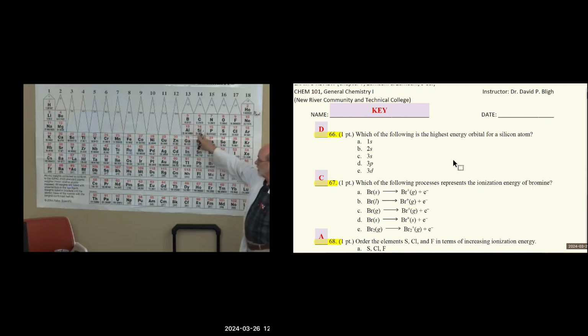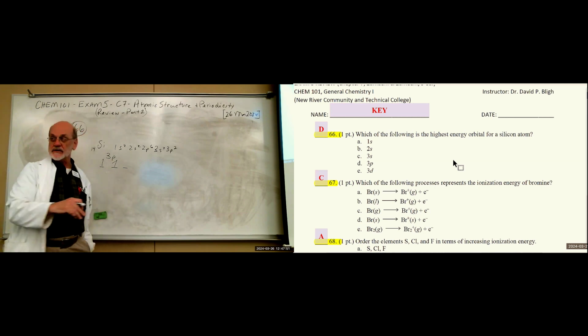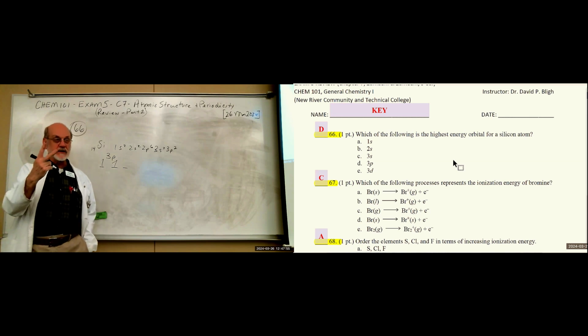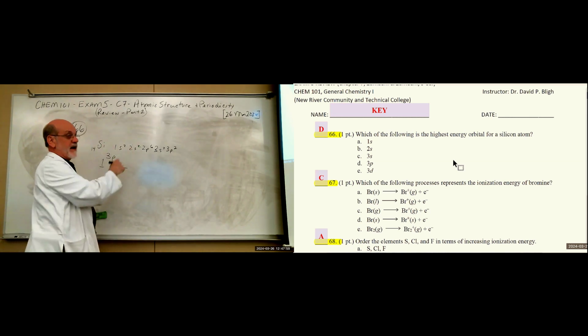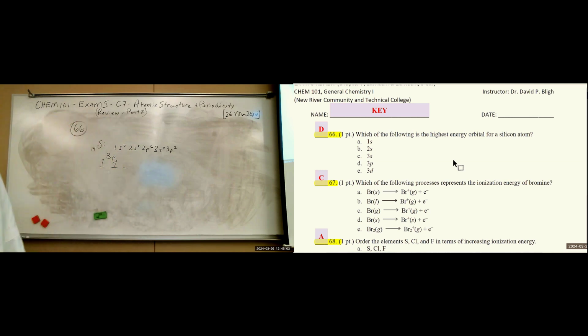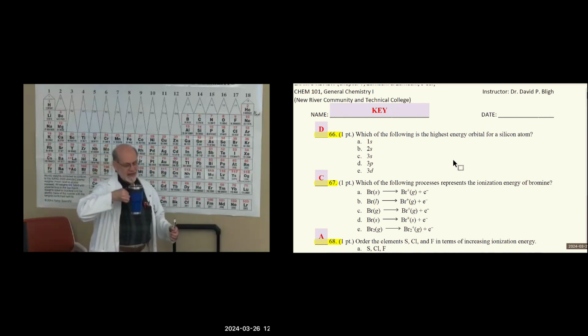It'd be a p orbital, and it would be a 3p. There's 1, 2, 3, 3p. Would give me 2 electrons because it's 2 positions to the left, aluminum, silicon. 2 electrons in the 3p orbital. And we don't have to draw the whole thing out unless you just want to. But that tells you the highest energy electron in that atom.